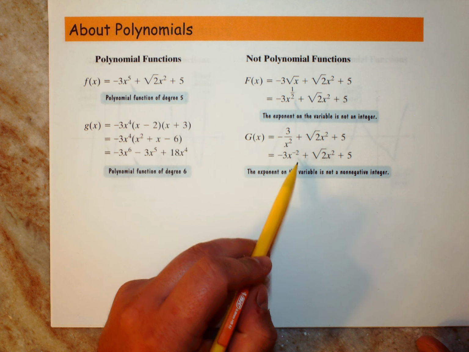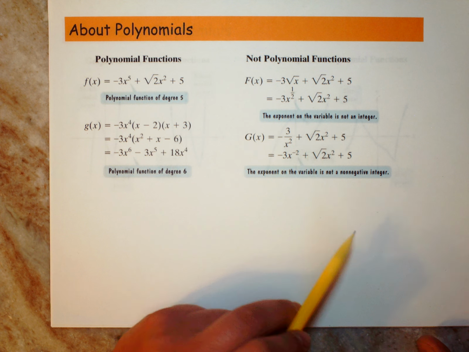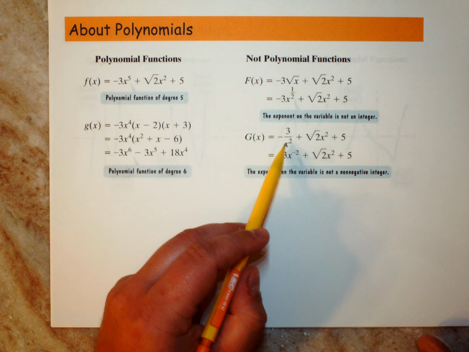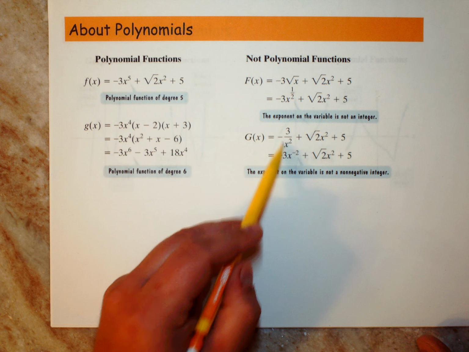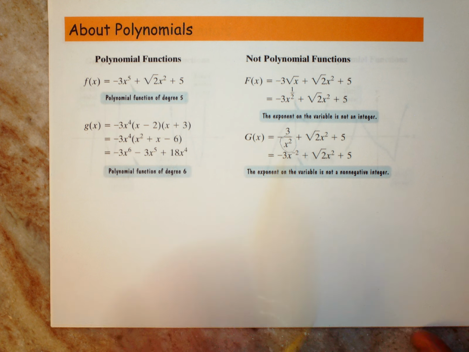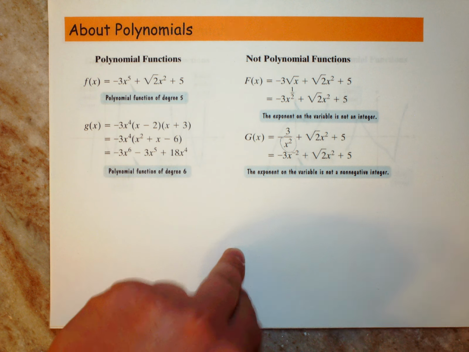You also can't have a negative in the exponent. You also can't have division by a variable right here. We have division by a variable. So these are just some examples of what makes it not a polynomial and what makes it a polynomial. You need positive whole number exponents.